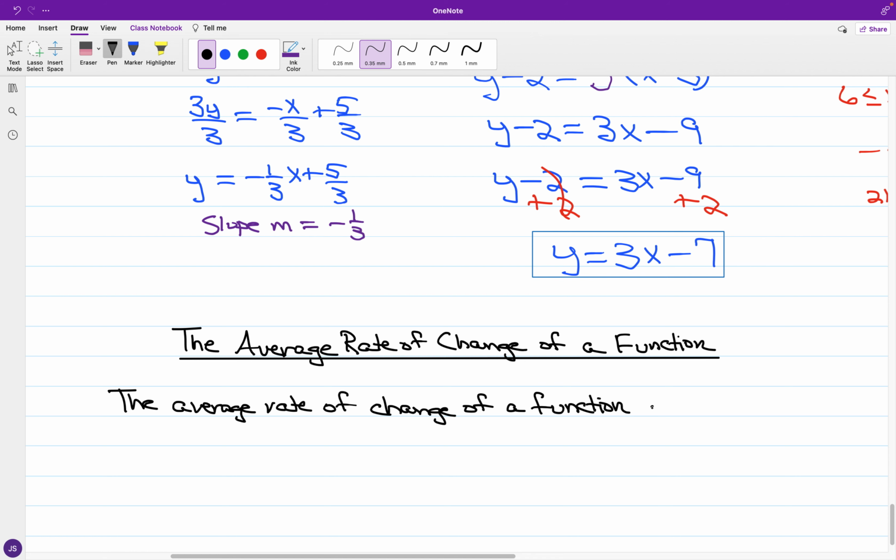And which refer to the function as f of x, or as y is equal to f of x.